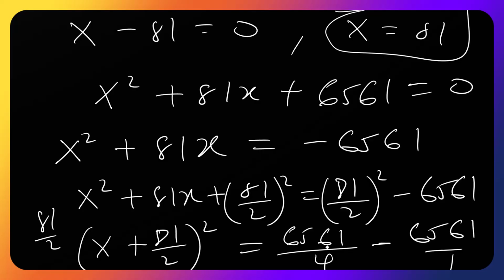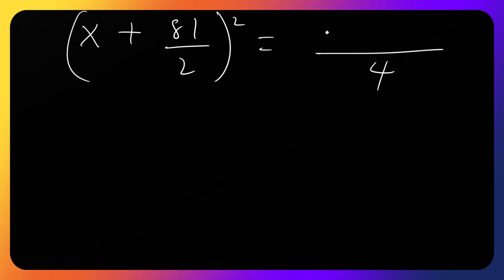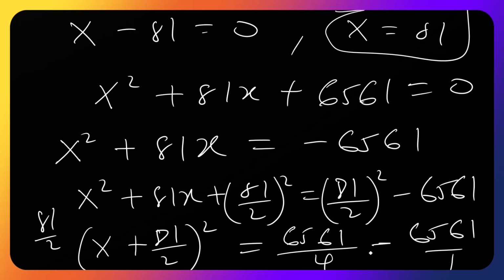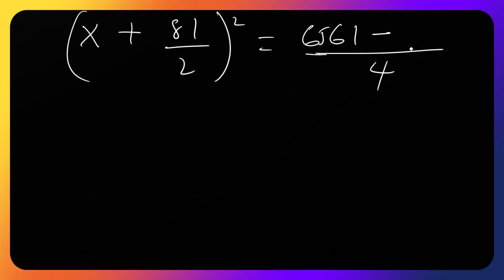That will be 6561 minus 4 times 6561, which on the calculator is 26244.